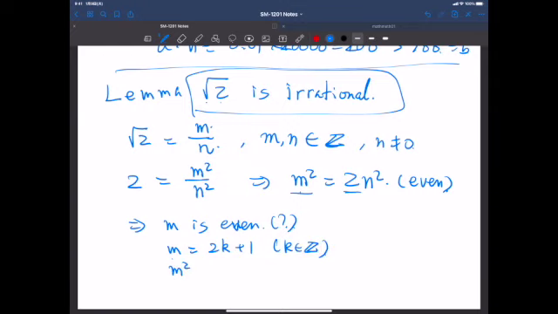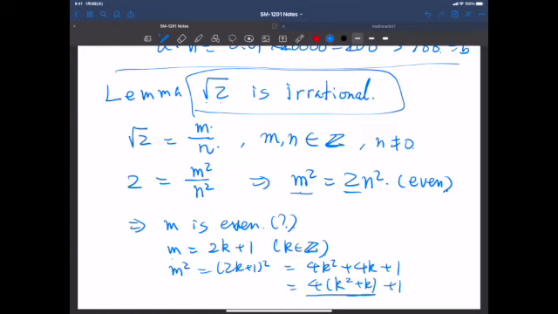So if we square this, then we have (2k+1) squared, which is, let's see, 4k squared plus 4k plus 1, which is, let's write it this way, 4(k squared plus k) plus 1.